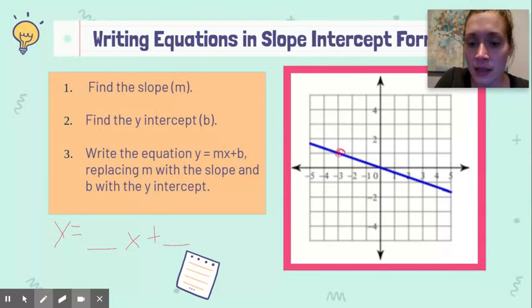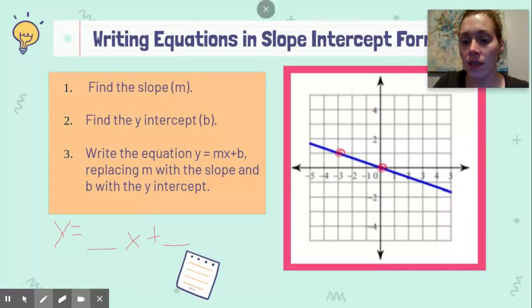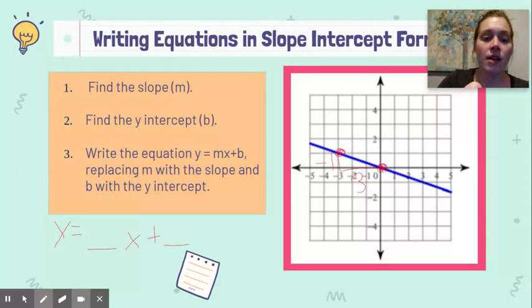Maybe this point and this point would work. Doesn't matter what 2 points you use, 2 coordinate points on the line. Always start at the point furthest to the left and then rise. In this case, we have to go down 1 over 3. So rise -1, run over 3, gives us a slope of -1/3.